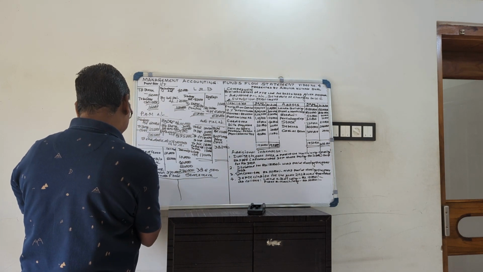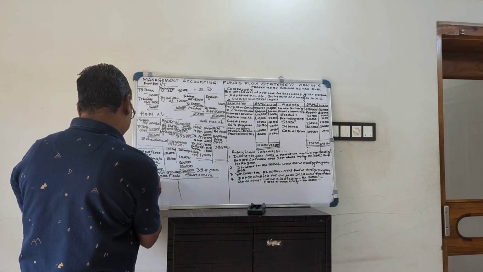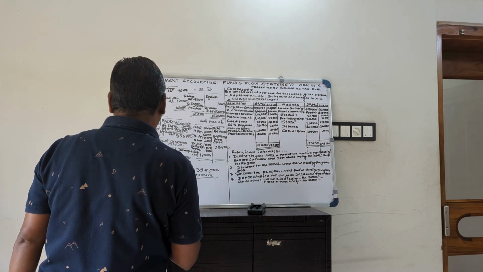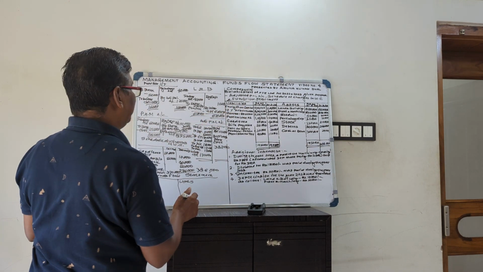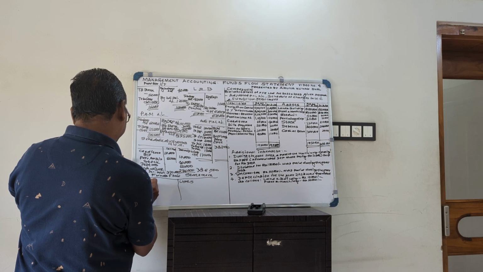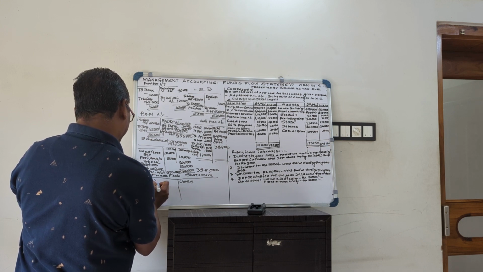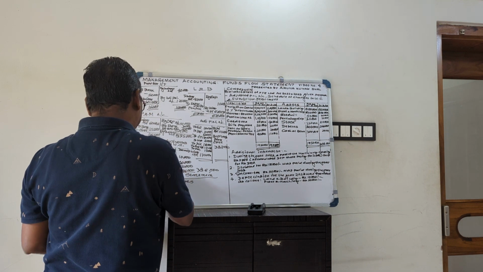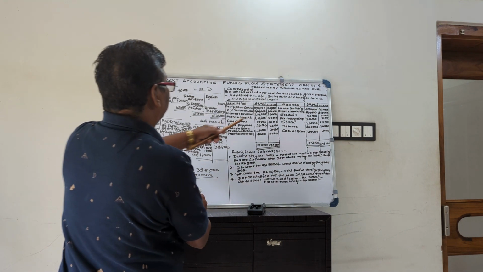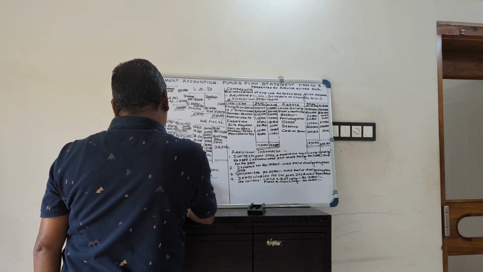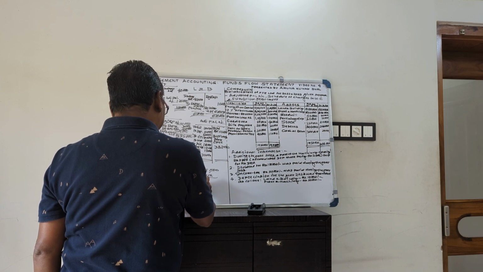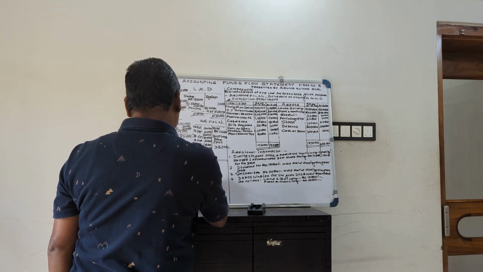One is sources, then uses or applications. First is equity share capital increase, 1 lakh, that is a source, issue of shares, 1 lakh. Then 2 lakh is a use, payment towards redemption of the 10% debenture, 2 lakh.